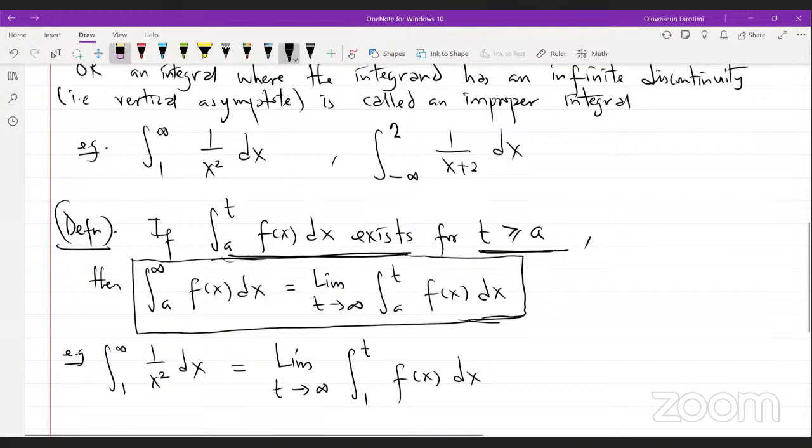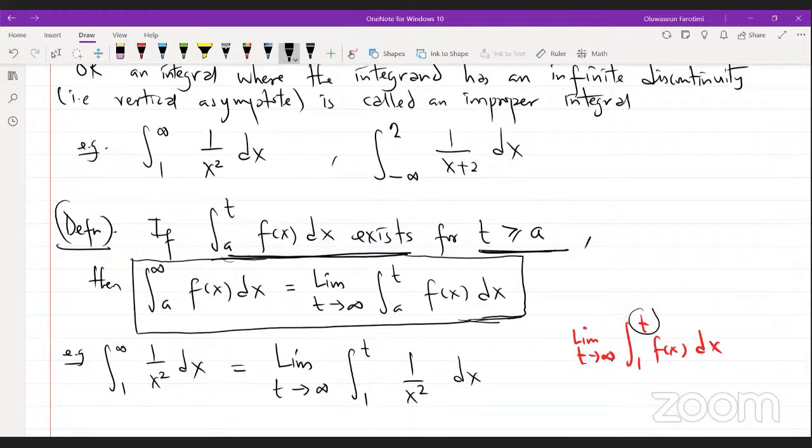Think about it this way. Let me show you guys something. f of x dx, right? My f of x in this case, I already know f of x. f of x is 1 over x squared, right? So I need to write this guy. Now, what does it mean if you pass this limit as t goes large?